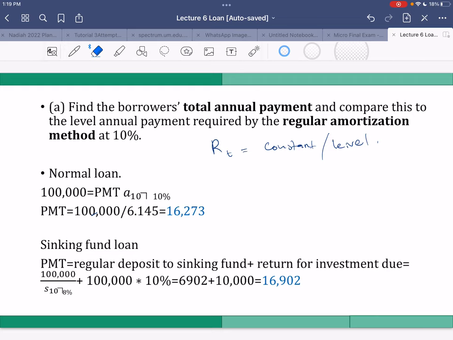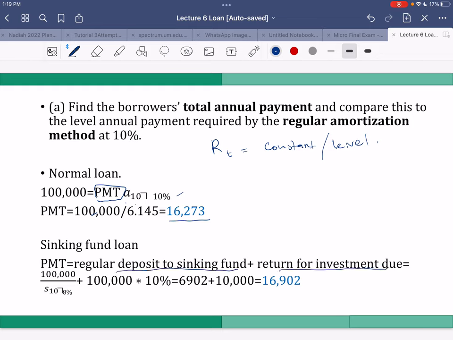For a normal loan, to pay off this 100,000, you will just do payment times A angle 10%. So your payment will be 16,273.